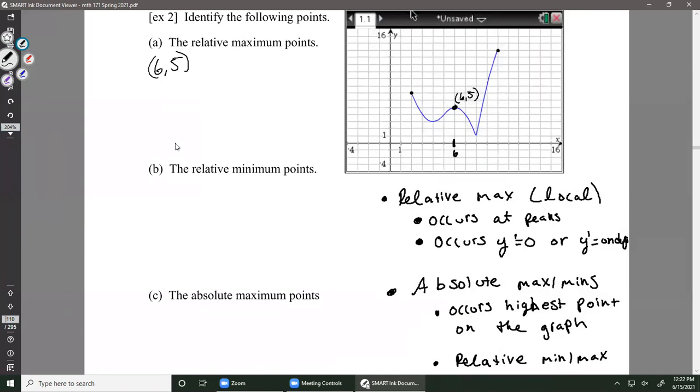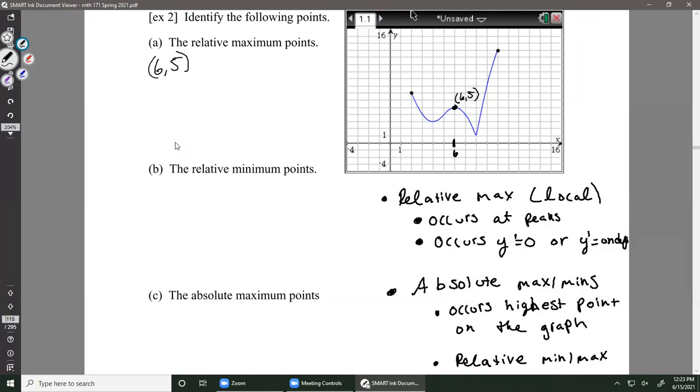Okay. What do you think the derivative is at 6.5? If I drew a tangent line on there. Just what the slope would be. So what's the slope of that tangent line?